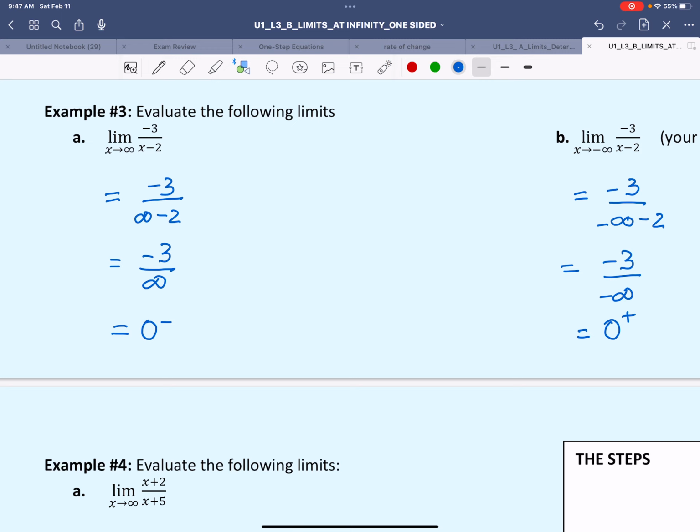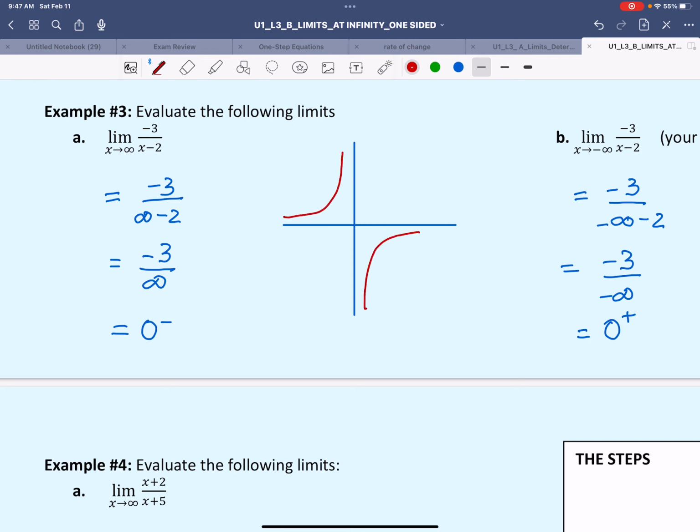If we were to graph this function, you can easily do this on Desmos, then we will have the asymptotes at x equals 0 for the vertical, y equals 0 for the horizontal asymptote, and the graph of this function will appear in quadrants 2 and 4.